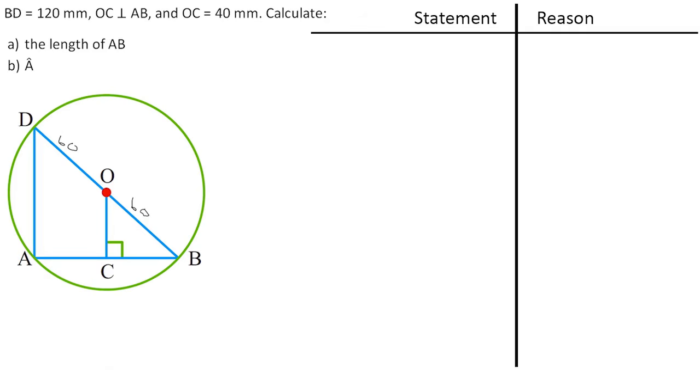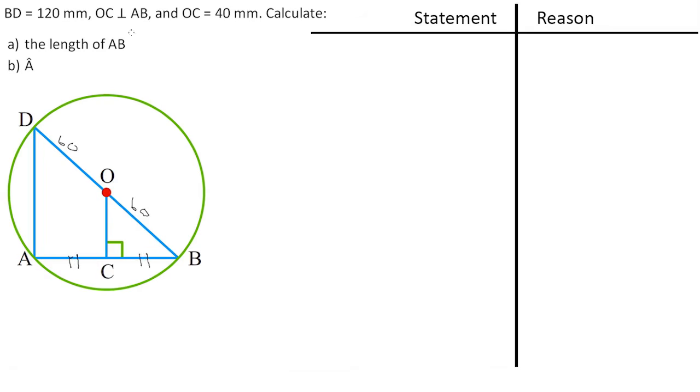Any comments? Then OC, from the center to the point, is perpendicular to AC. What does that mean? That means that AC is equal to BC.